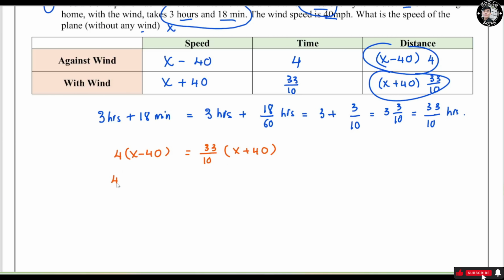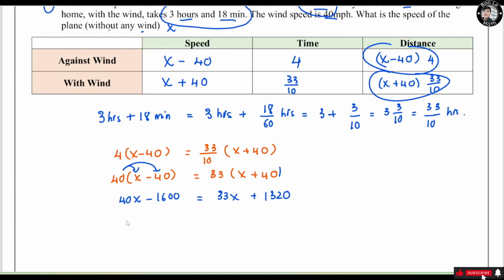So it's going to be 40 times s minus 40 equals 33 times s plus 40. Now we just distribute. So it could be 40s minus 1600 equals 33s plus 1320.